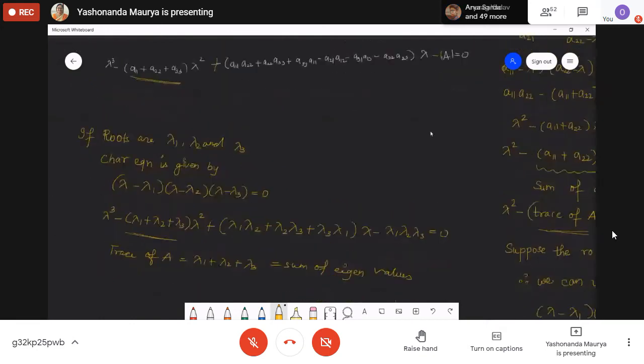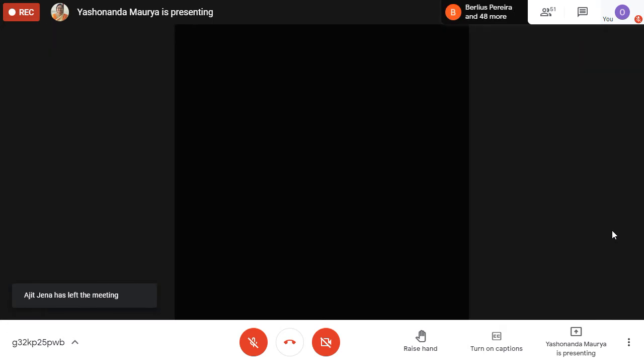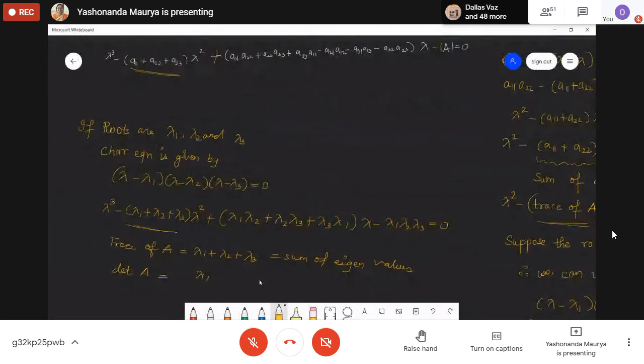And observe the constant over here: the determinant of A is nothing but the product of all the eigenvalues, lambda 1 lambda 2 lambda 3.